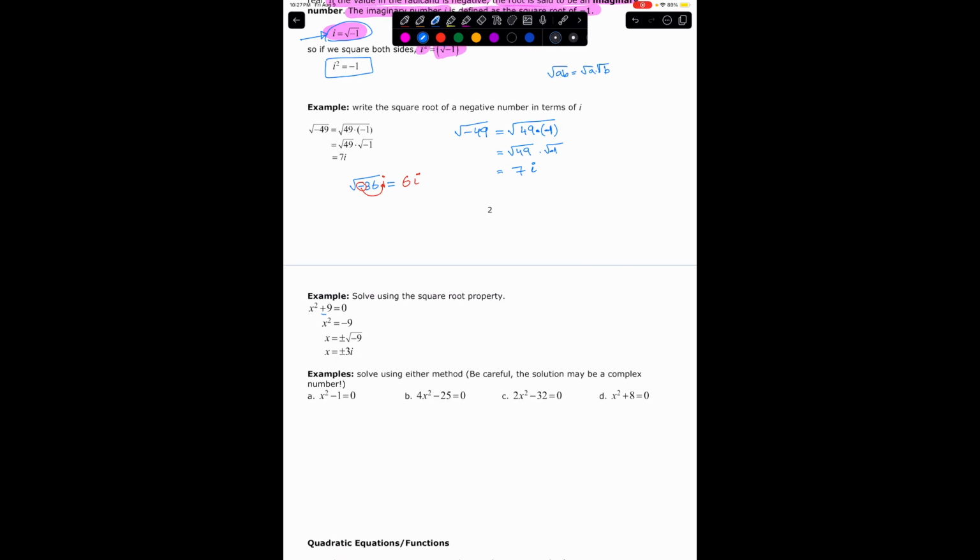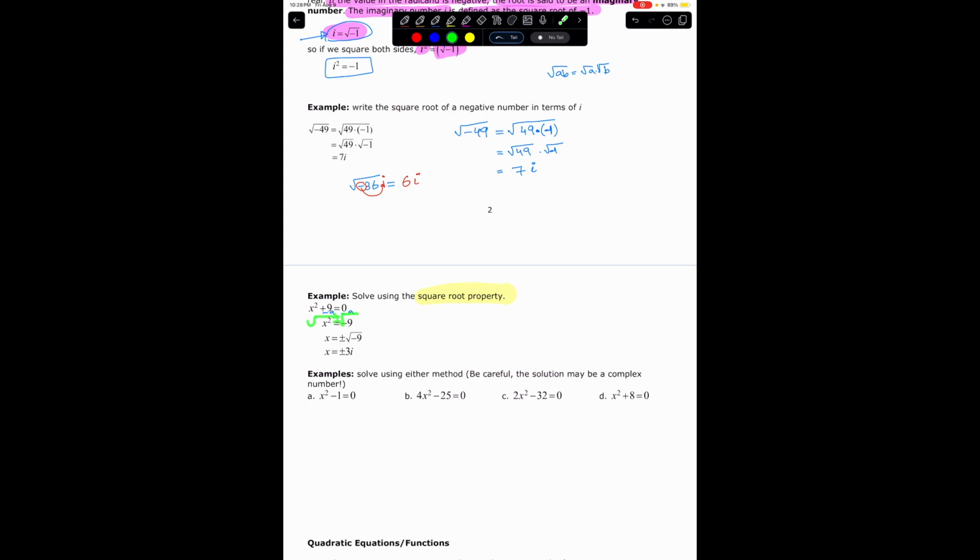Okay, let's see how we're going to use that property. If we want to solve x squared plus 9 equals 0, this is not a difference of squares, it's a sum of squares. So if you want to use the square root property to solve this equation, this is how we're going to solve it. We're going to subtract 9 from both sides of the equation. We end up with x squared equals -9. And then we're going to take the square root of both sides of the equation.